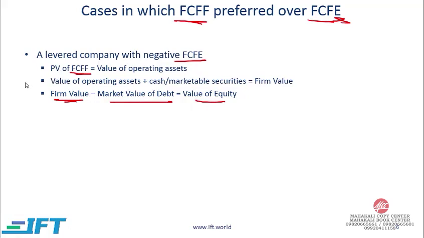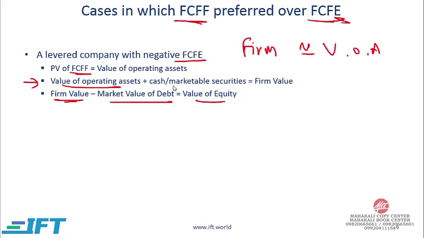Now I am just glossing over this point in the middle because we'll cover this in section 5, but simplistically in sections 1 through 4 we are assuming that the firm value is approximately equal to the value of the operating assets.